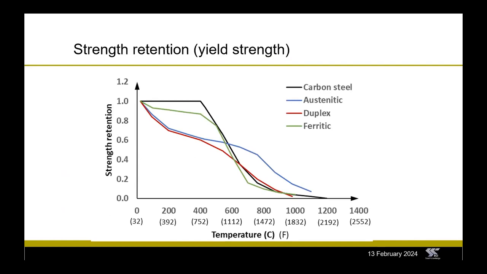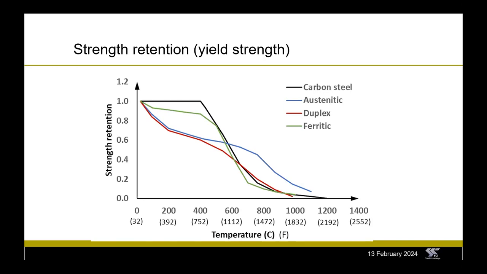So this figure shows the yield strength of the three main stainless steel alloy families and carbon steel, and it shows how these yield strengths vary with the temperature. So you can see that austenitic and duplex stainless steel initially lose strength faster than carbon steel, but at around 300 degrees Celsius, they are able to retain their strength better than initially.